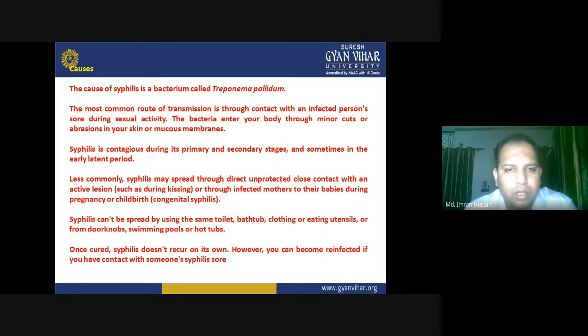Syphilis is contagious during its primary or secondary stages, and sometimes in the early latent period. Less commonly, syphilis may spread through direct unprotected close contact with active lesions, such as during kissing, or through infected mothers to their babies during pregnancy or childbirth. That comes under congenital syphilis.